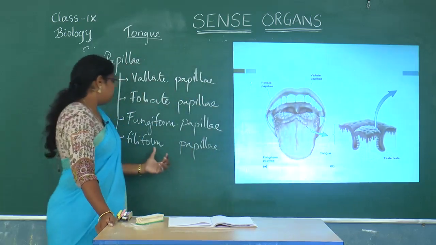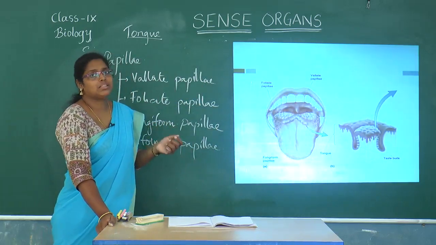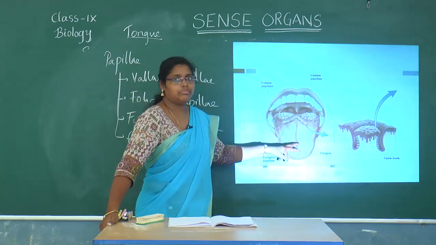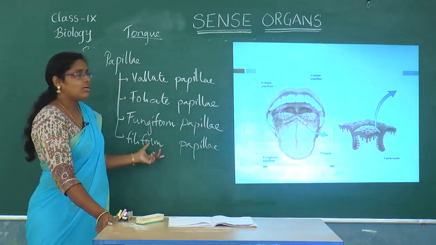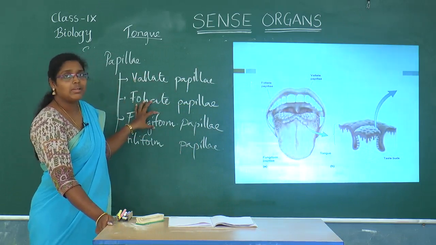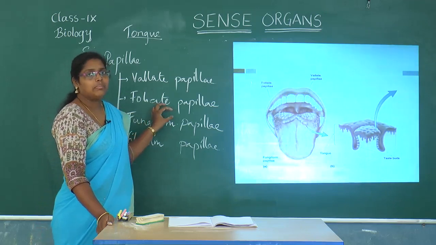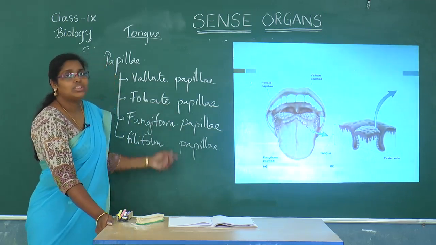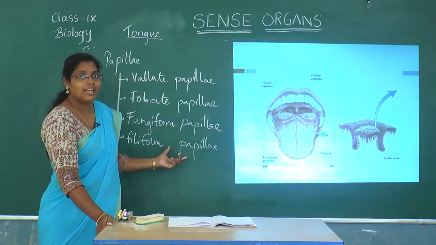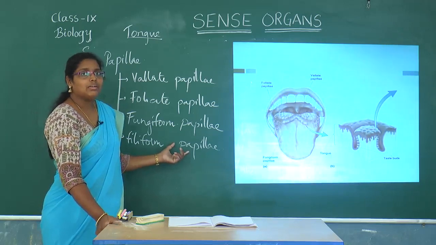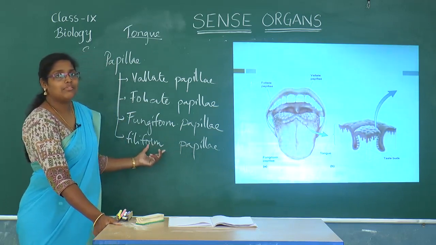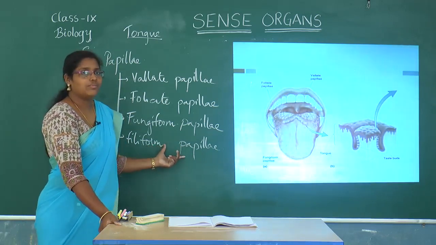Next, the filiform papillae are flake-like, very thin structures present on the tongue, but they cannot analyze the taste of the food. These 3 papillae have receptors which have the ability to sense the taste, whereas filiform papillae lack the receptor cells, so they fail in sensing the taste of the food.